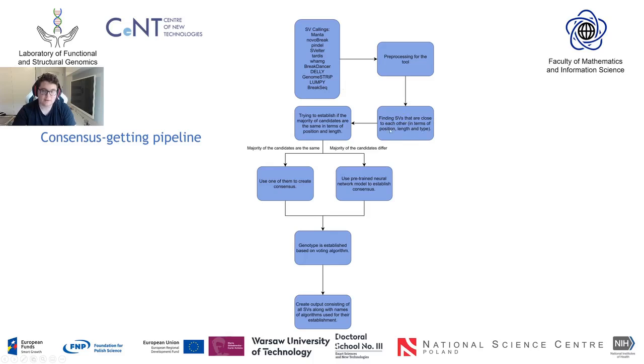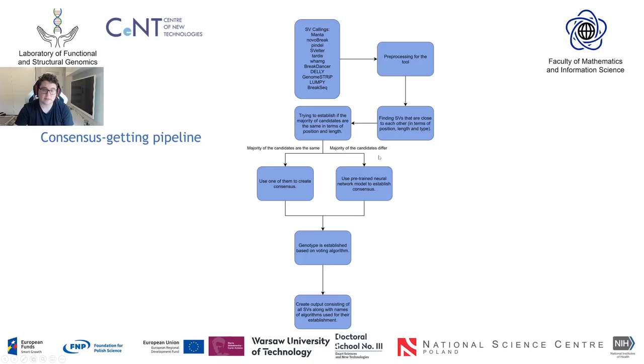We call those found SVs candidates, and then we take the candidates and check if the majority of them are exactly the same in terms of position and length. If they are exactly the same, then we can simply use one of them to create the consensus, because it's a pretty solid and accurate reflection of the structural variant.